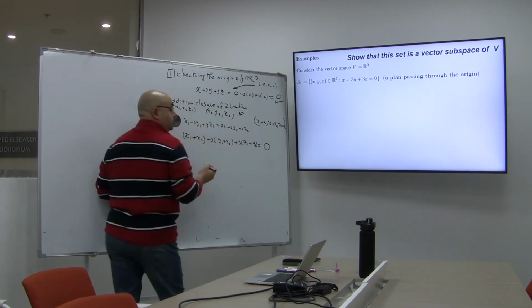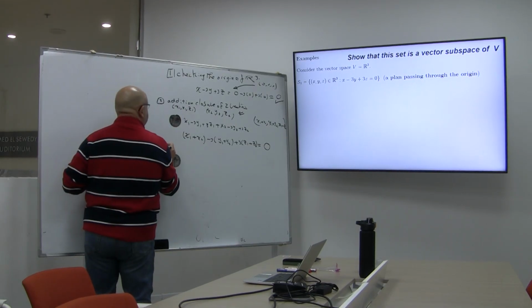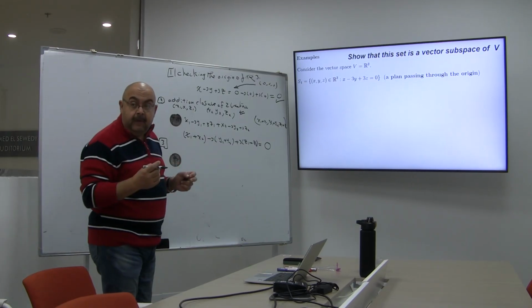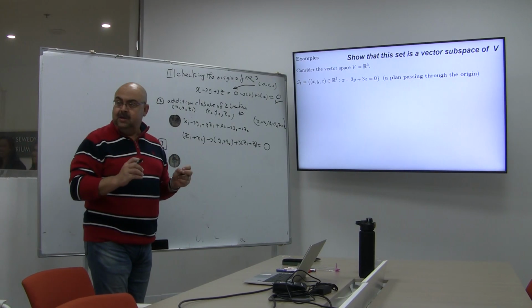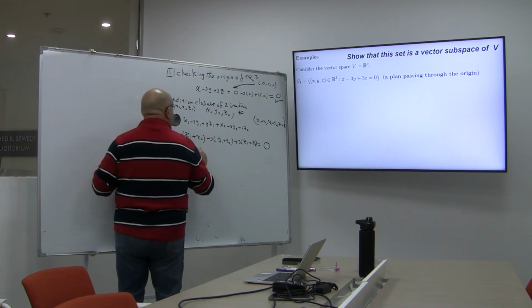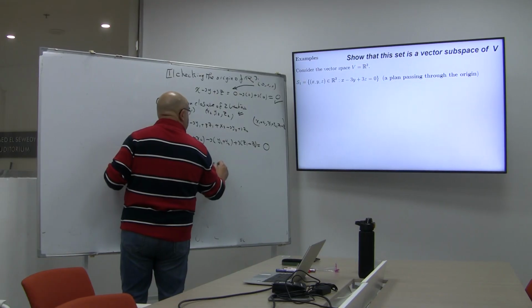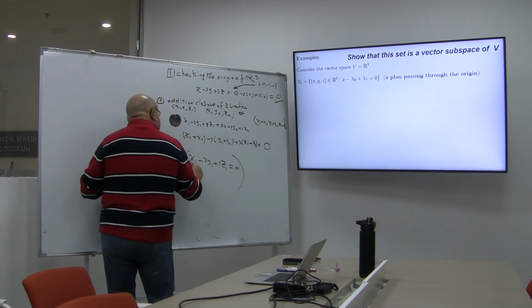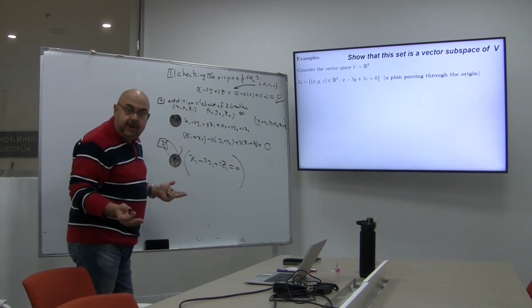That's the addition closure. The multiplication by scalar is the third condition. So all I have to do is check that alpha times x1 already satisfies the equation. Since the equation is, once more, x1 minus 3y1 plus 3z1 is equal to 0, if you multiply by any constant alpha, the result will be satisfied by logic.